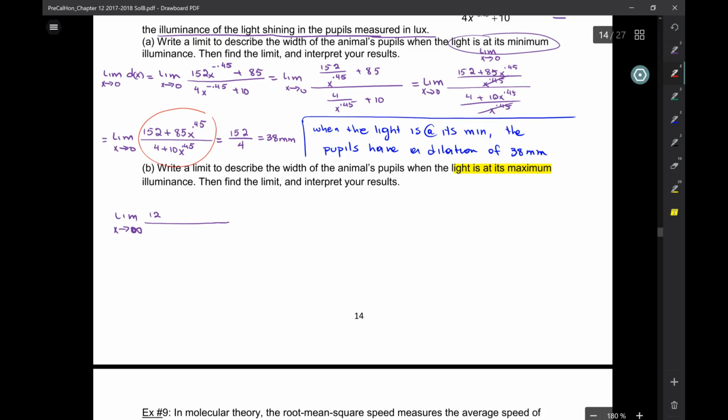So I'm going to say 152 plus 85x to the 0.45 over 4 plus 10x to the 0.45. And here we can take this. We couldn't before because it was a negative. But here we can take this. So this is 85x to the 0.45 over 10x to the 0.45, and that's equal to 8.5 millimeters.